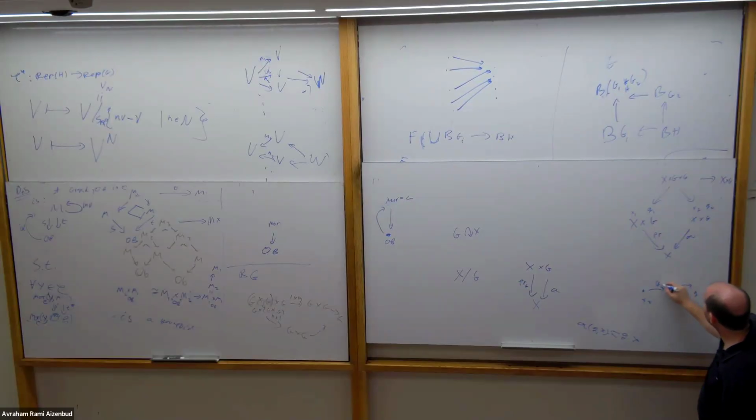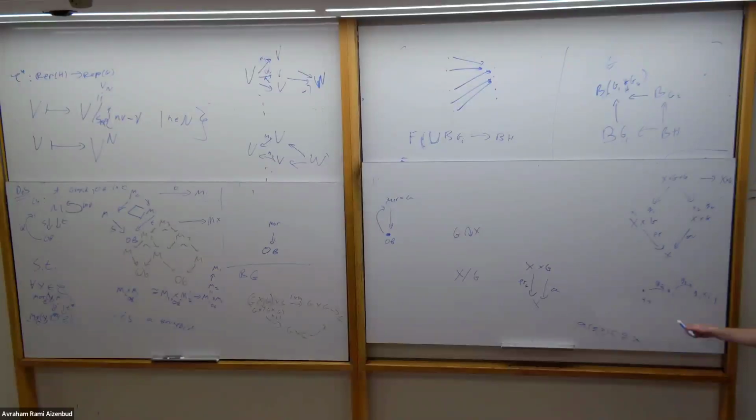This is g2, this is g1, g1 times x1. So we want to compose them, so we don't touch x2, and we compose here g1 times g2. This is the correct direction somehow. We first apply G2, then apply G1.